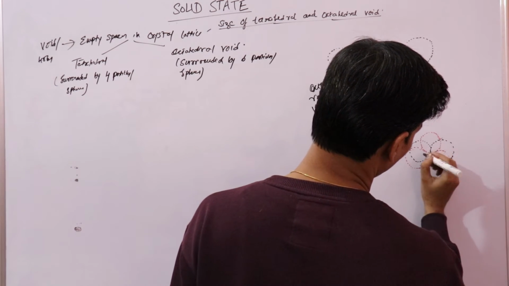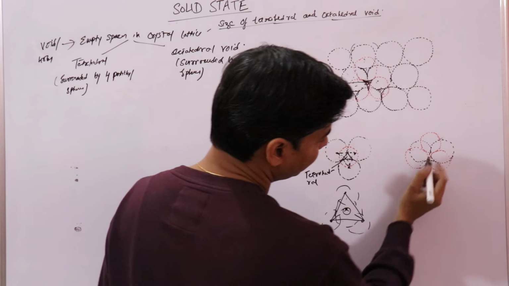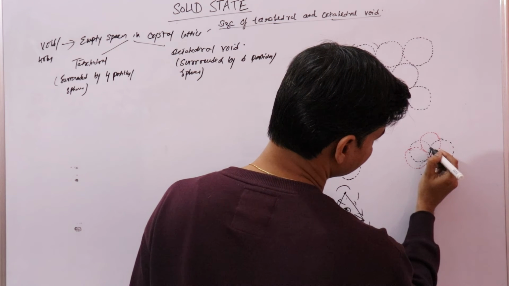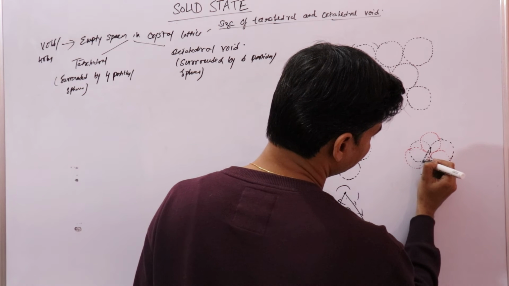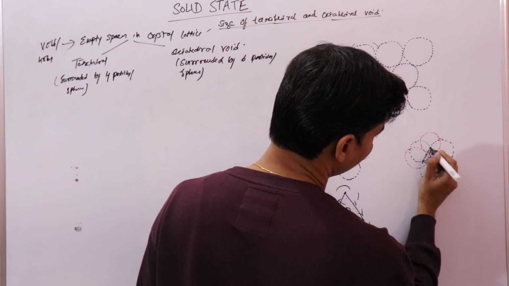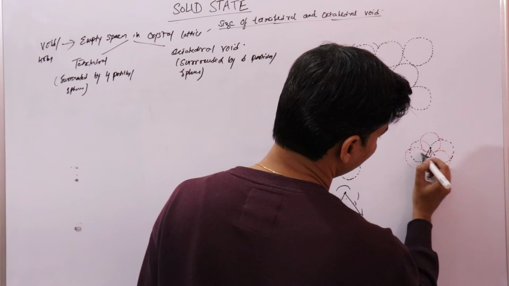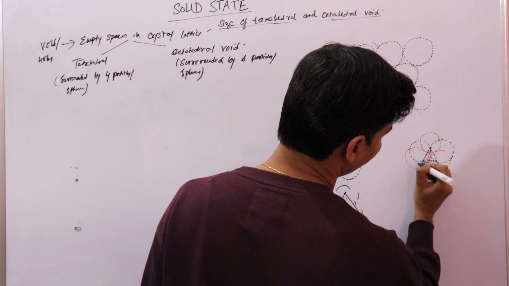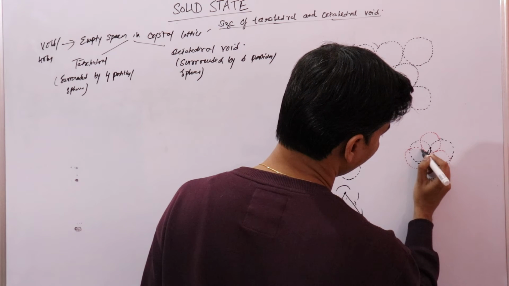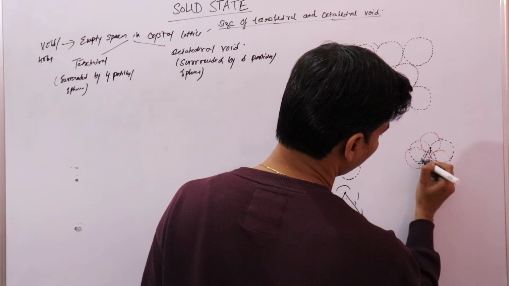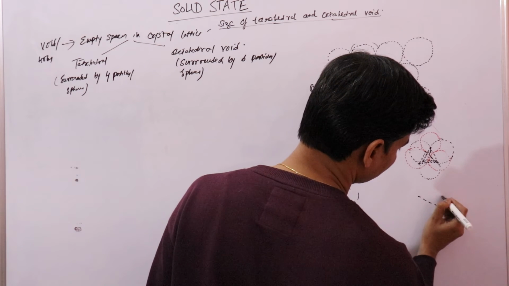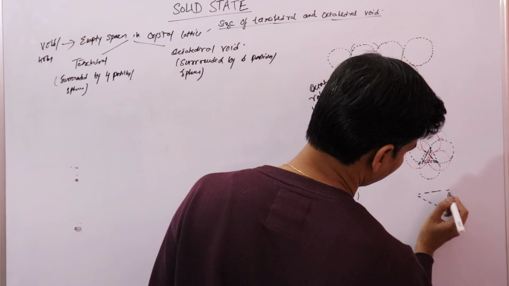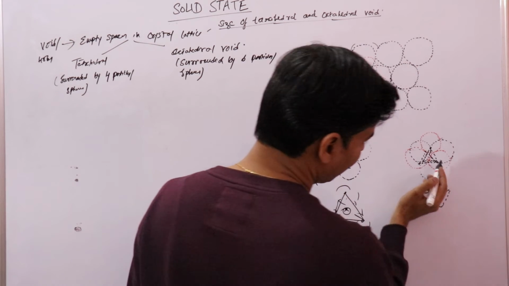One thing to notice here is that these spheres will form 2 inverted triangles, somewhat like this. These are 2 equilateral triangles.